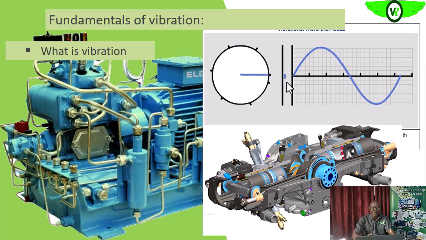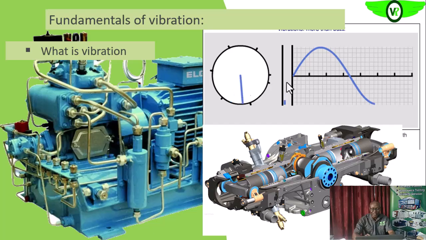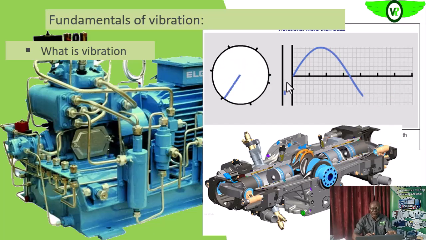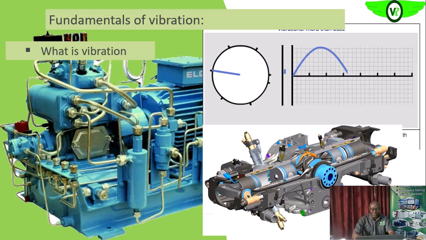So when an equipment is working, okay, every part of the body is actually vibrating. So the particles on those parts, they are actually moving to and fro about a main position. So that is the vibration we are talking about.